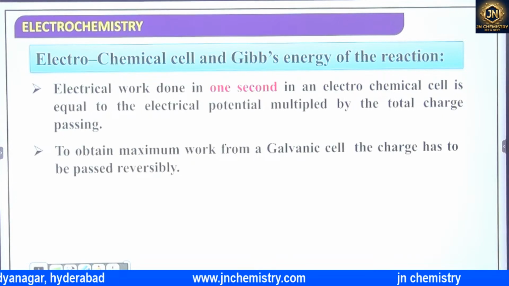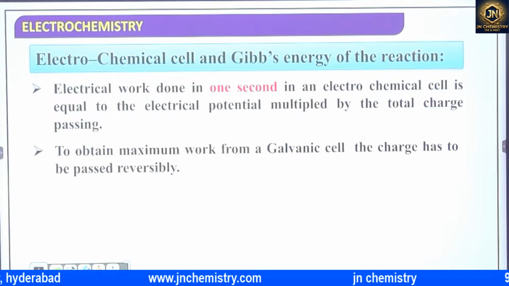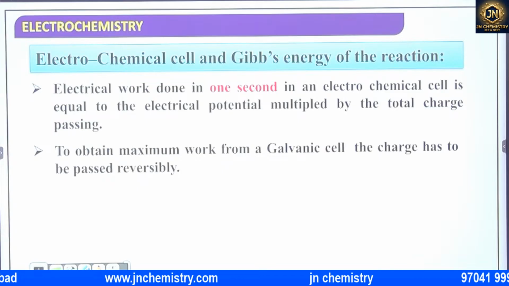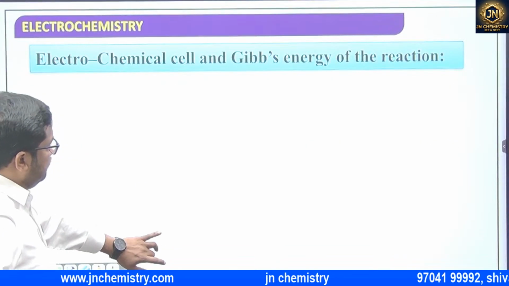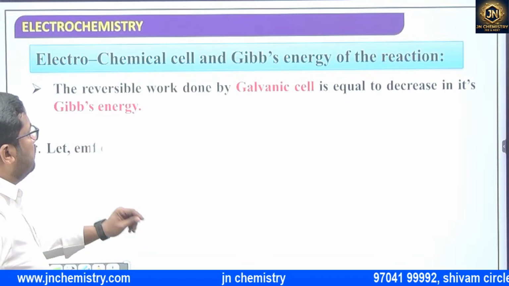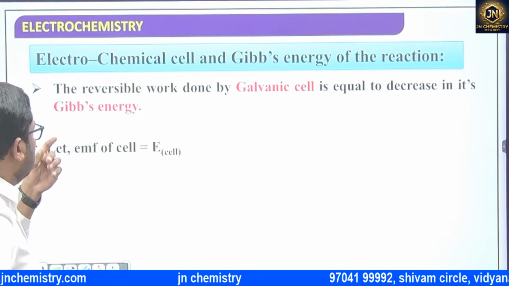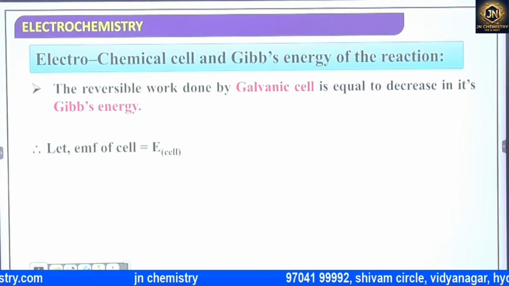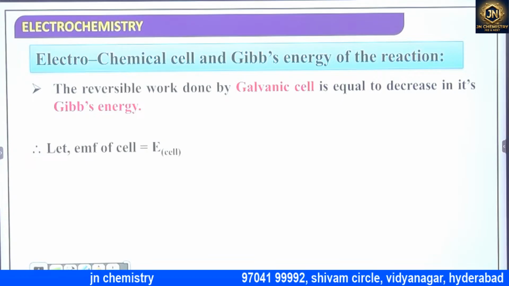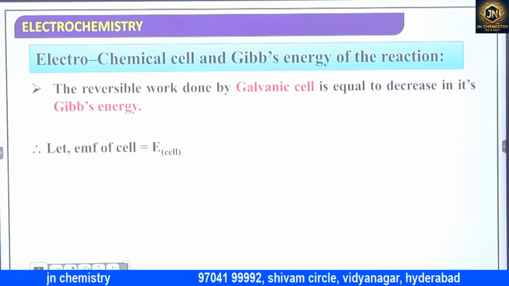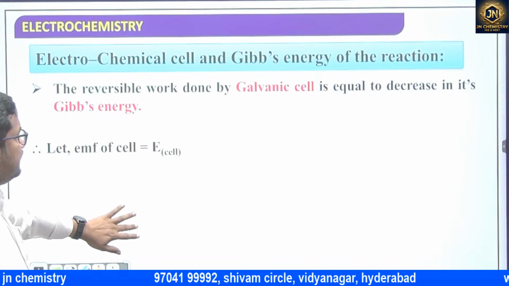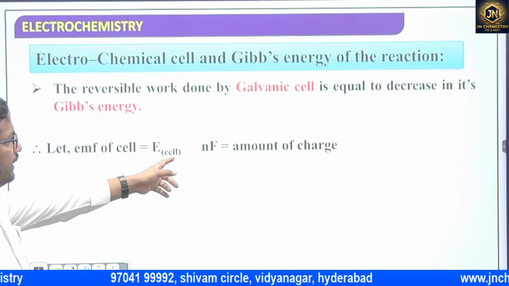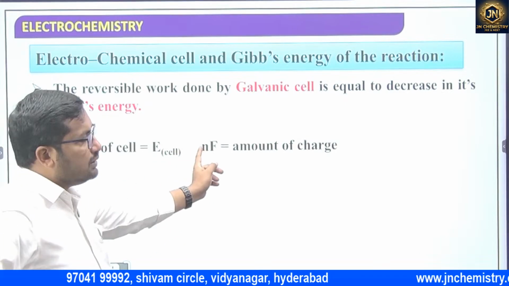The maximum work from the galvanic cell, the charge has to pass reversibly. So we'll discuss that. The reversible work done by the galvanic cell is equal to the decrease in its Gibbs energy. So for example, the charge is nF times E cell. n is the number of electrons, and what is F?